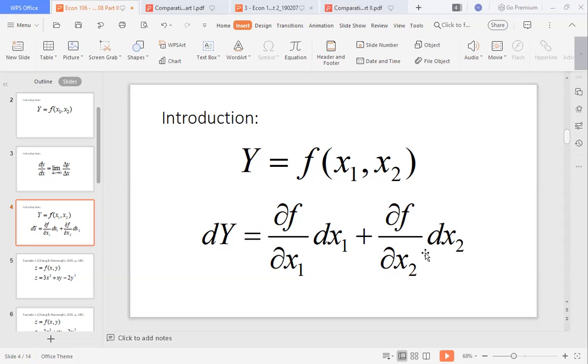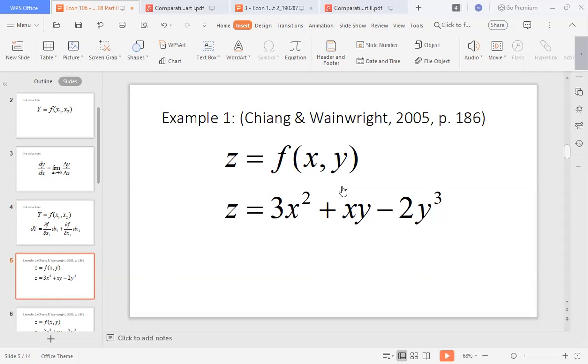Okay, so I think this is better, class, when we have an example. So let's look into this one. This is an exercise from the chapter in the book. So suppose we have a function here, z is a function of x and y. And so when we have this function, z is equal to 3x squared plus xy minus 2y cubed.